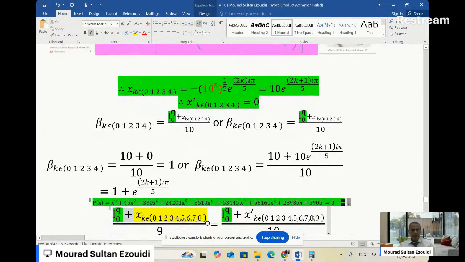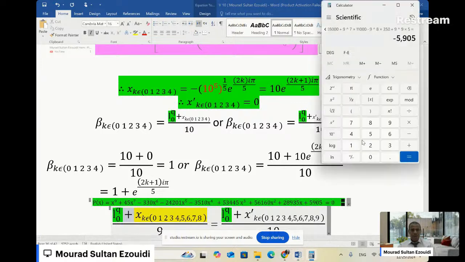Okay, I will use my calculator. I will erase everything. We have 1 minus 1 to the top. Minus 1 to the power 9 is minus 1. Minus 45. Okay, minus 330. Then plus 24,201. Then minus 3510.